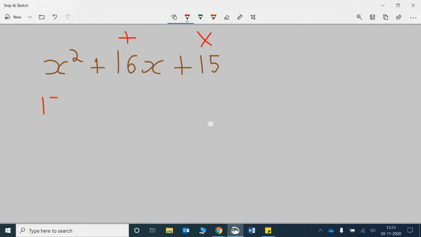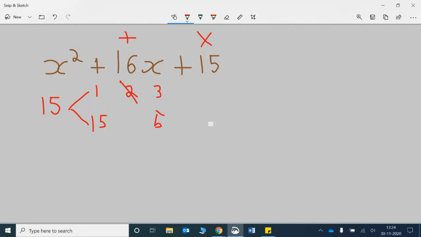We're going to write the 15 down to the side, split it up. 1 and 15 times together to give 15. So we do 15 divided by 1 is 15. 2, well, 15 is not in the 2 times table, so let's cross that off. 3, yes, 15 is in the 3 times table, so 15 divided by 3 is 5.